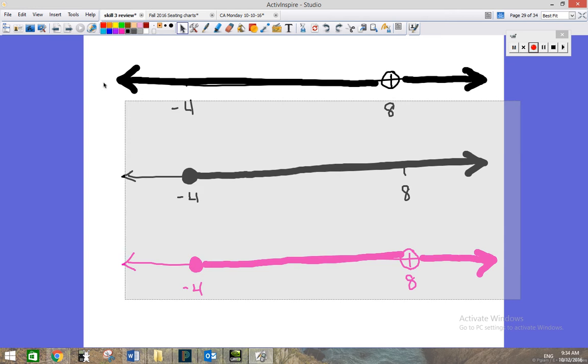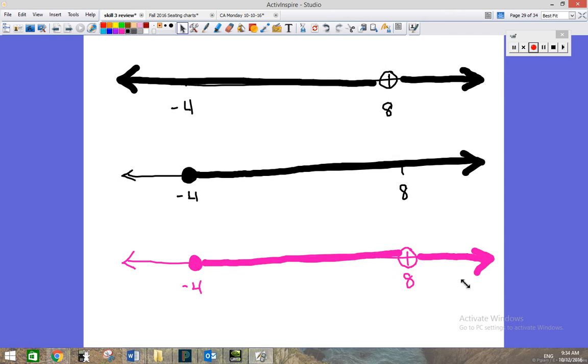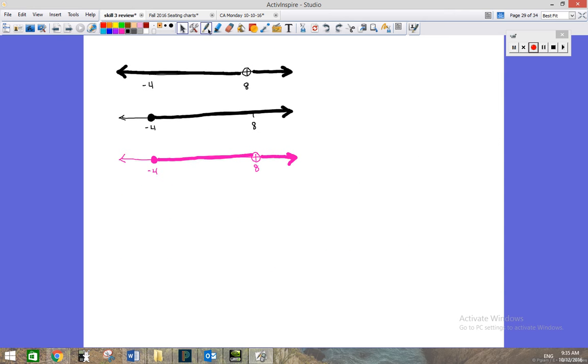So let's shrink this up and give myself a little bit of room. I claim that the domain of this new function that you get by adding f and g together will be from -4 to 8, excluding 8, and from 8 to infinity.